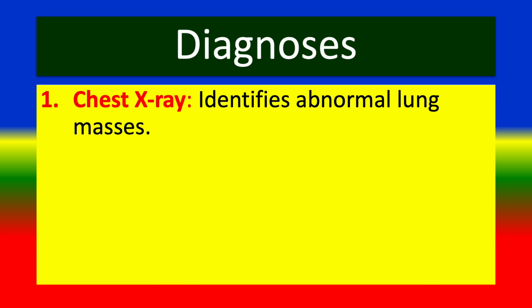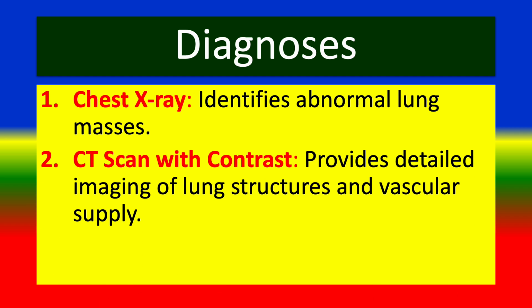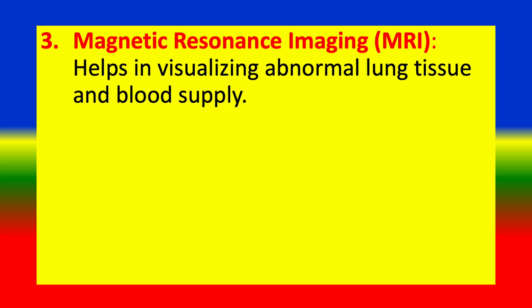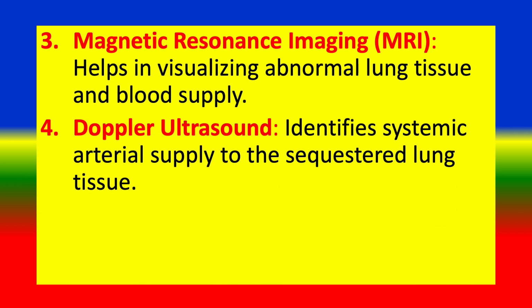Diagnosis. 1. Chest X-ray identifies abnormal lung masses. 2. CT scan with contrast provides detailed imaging of lung structure and vascular supply. 3. Magnetic resonance imaging (MRI) helps in visualizing abnormal lung tissue and blood supply. 4.